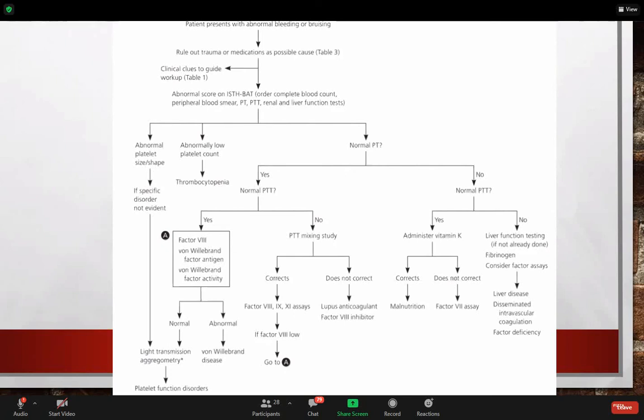Okay? Does anyone have any question? I thought we were going to finish later on, but does anyone have any question about the bleeding disorder or how to approach it?